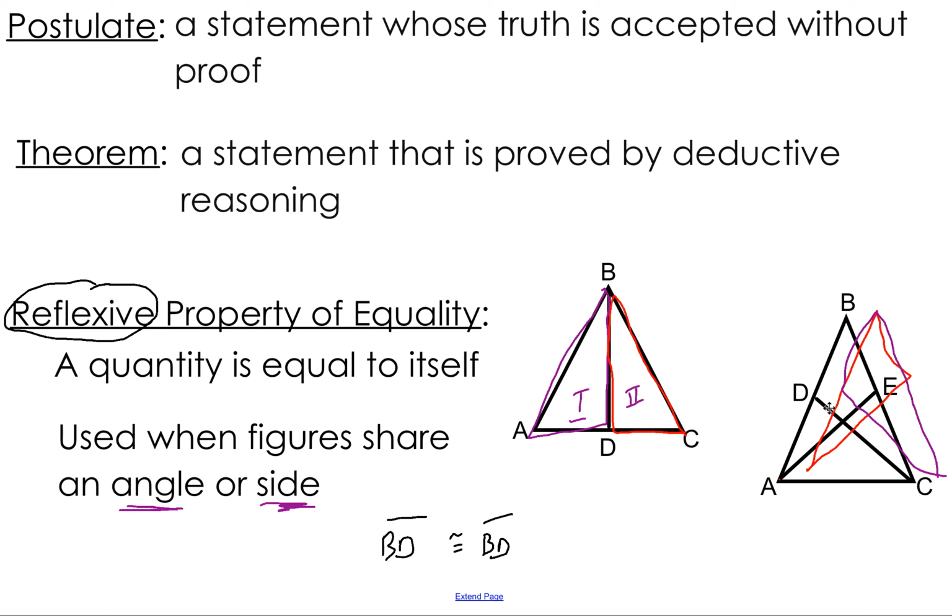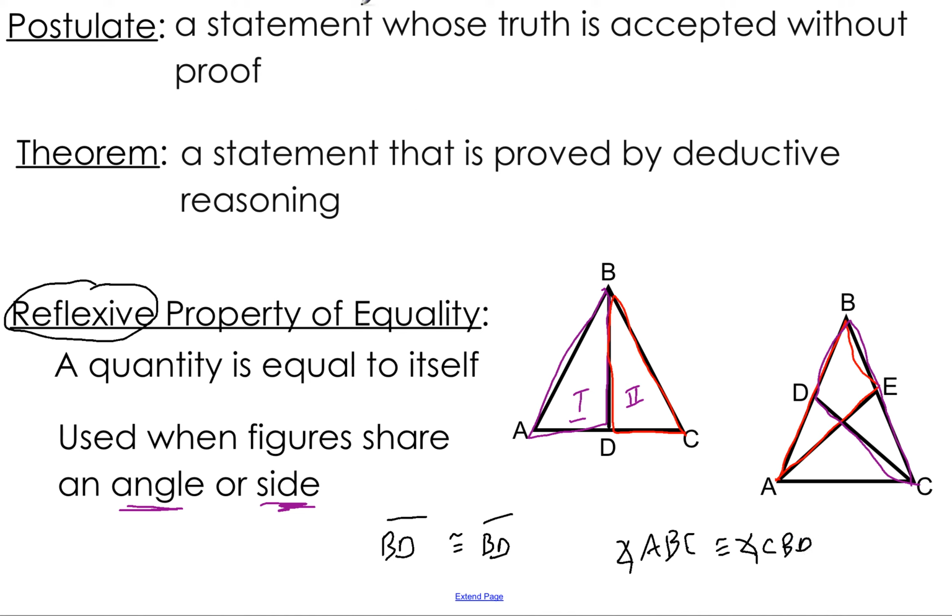Notice how they both use, I know this is poorly drawn, angle B. Angle B is shared by both triangles. It's the same angle B. Angle B does not change sizes just because I'm changing the triangle. So one of the statements in my proof would be that angle ABE is congruent to angle CBD.